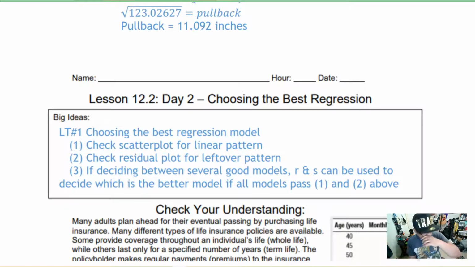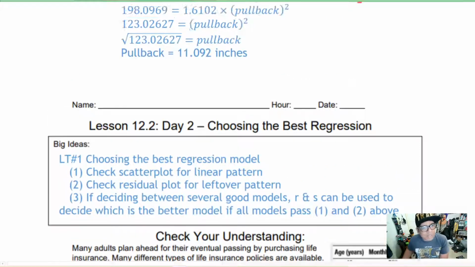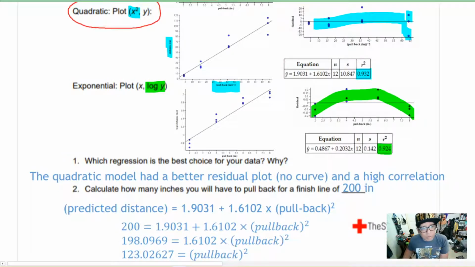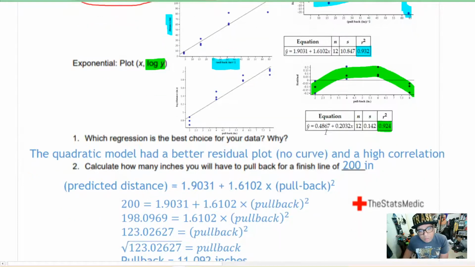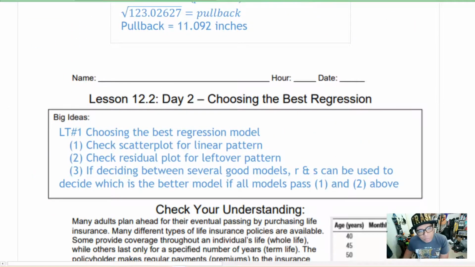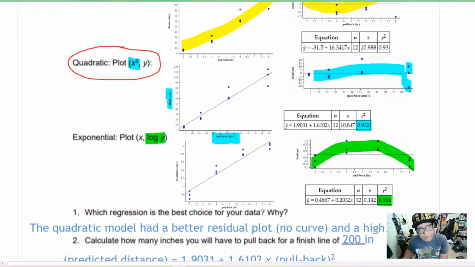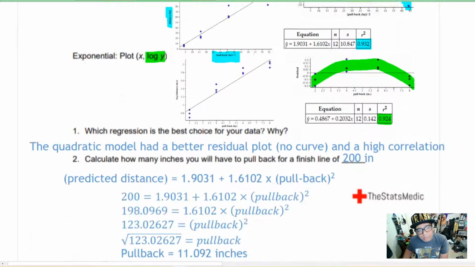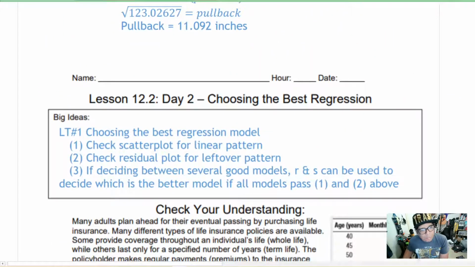Number 2, check the residual plot for a leftover pattern. If the residual plot has a leftover pattern in it, like the curve that we saw when we tried the exponential model, then it's not a good model. However, if we don't see a curve in it, like in our quadratic model, then that's a pretty good model.